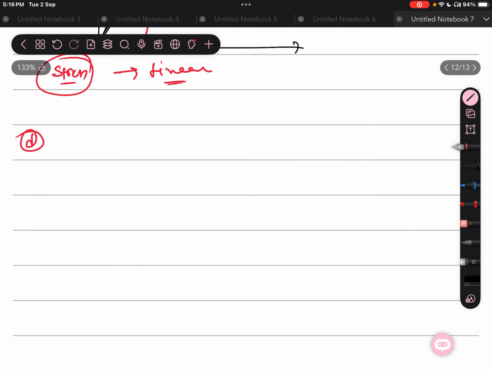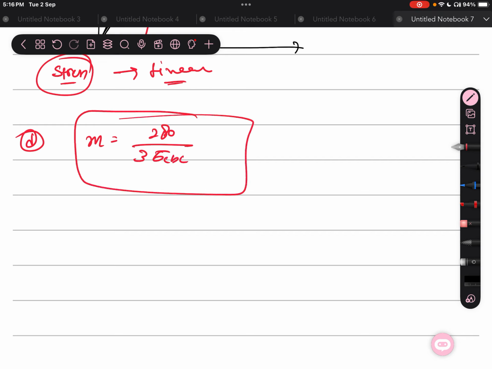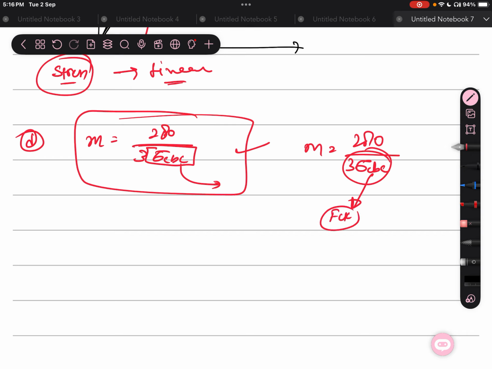So the modular ratio is 280 divided by 3 sigma CBC. That means this modular ratio depends upon the concrete and bending compression. What will be its value? It is 280 divided by 3 sigma CBC, so it depends on the FCK value. What is the difference?